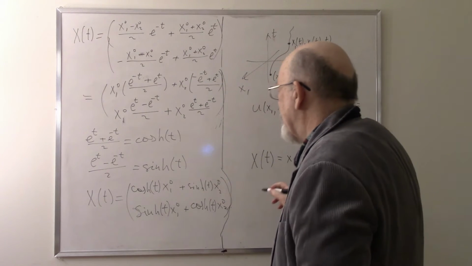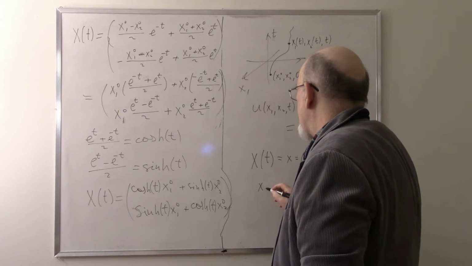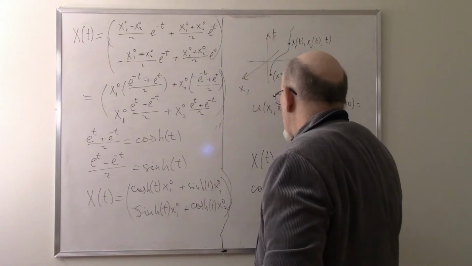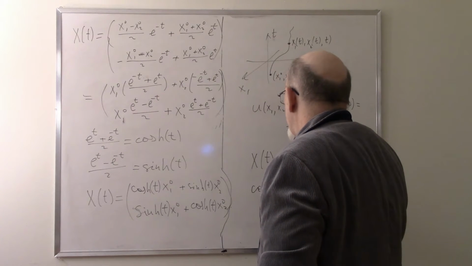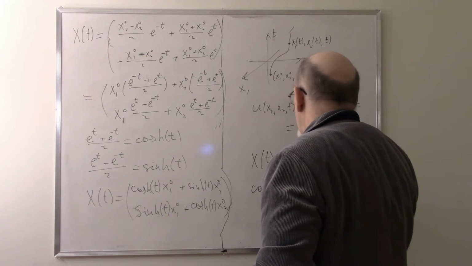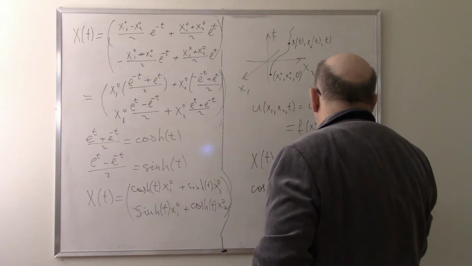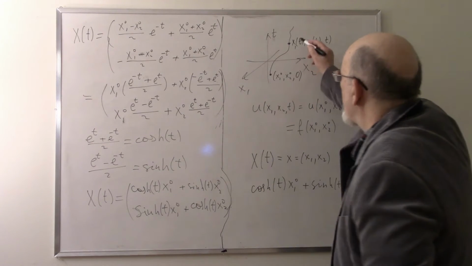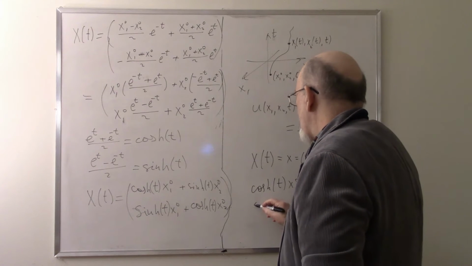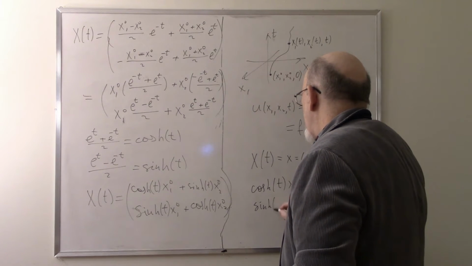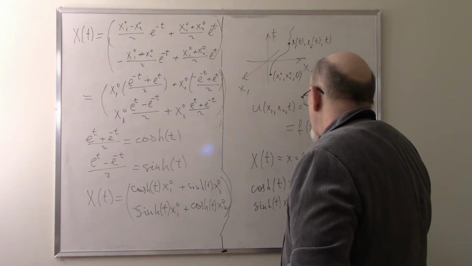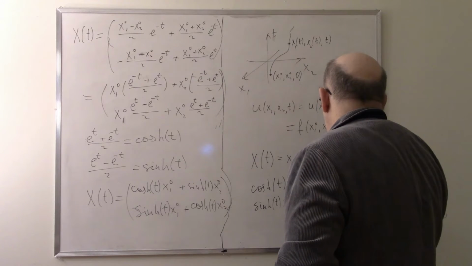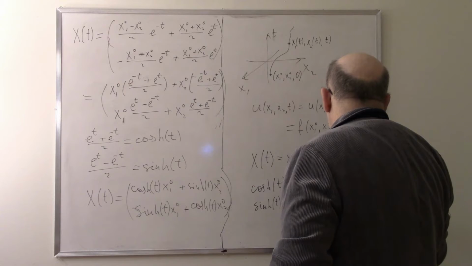So from here we see that cosine hyperbolic of t x1 0 plus sine hyperbolic of t x2 0 equals x1, the first coordinate, and sine hyperbolic of t x1 0 plus cosine hyperbolic of t x2 0 equals x2.